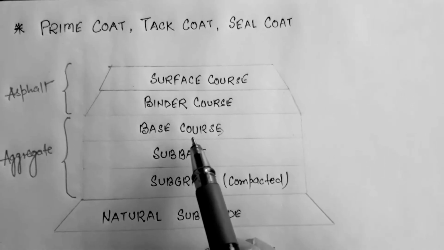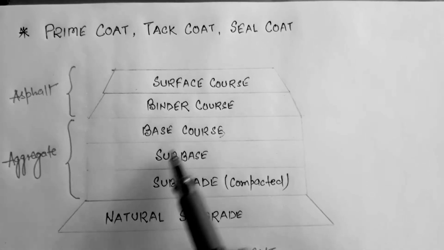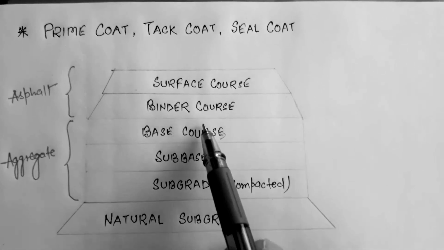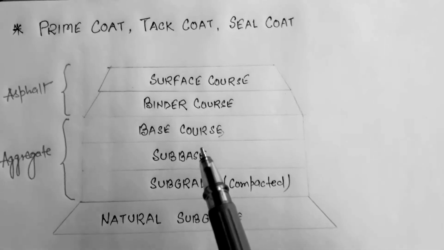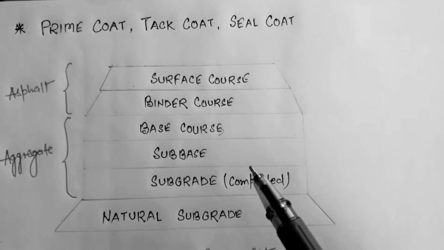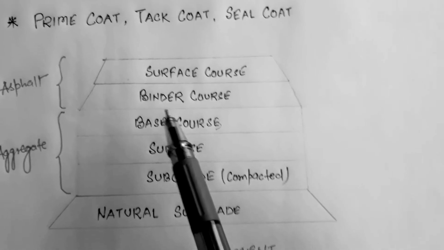And above the base course we will provide binder course. Binder course is your mixture of bitumen and aggregate, so the asphaltic portion, that is bitumen and aggregate.